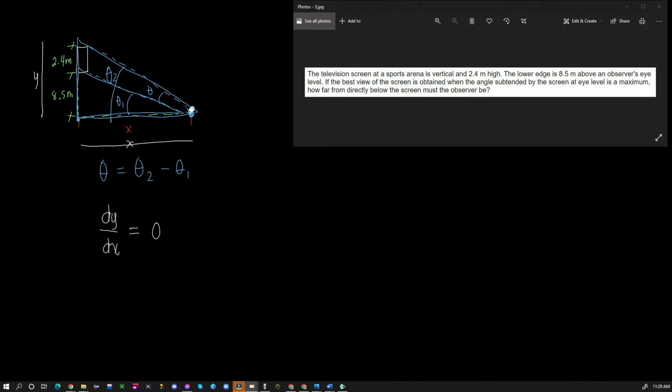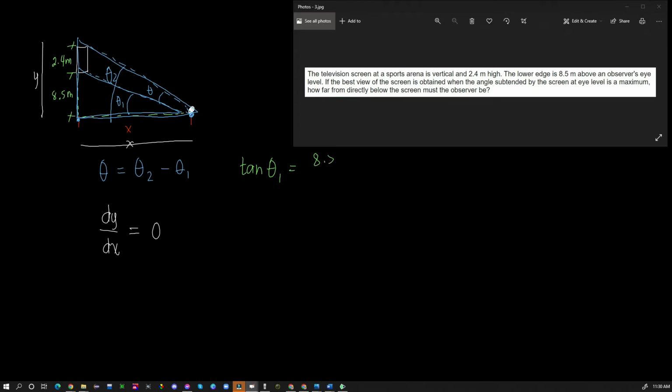Take note sa theta 1. Okay, take note ta sa triangle nga kani. Unsa atong makuha dira ng equation? 8.5 meters. Okay. Naatay adjacent, naatay opposite, ug naatay angle theta. So we can say tangent theta 1 is equal to opposite over adjacent.